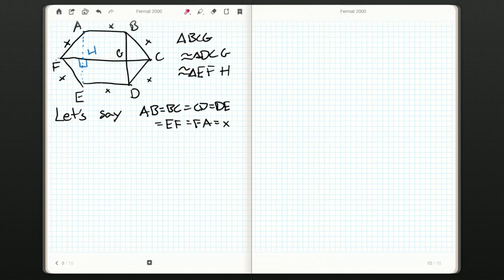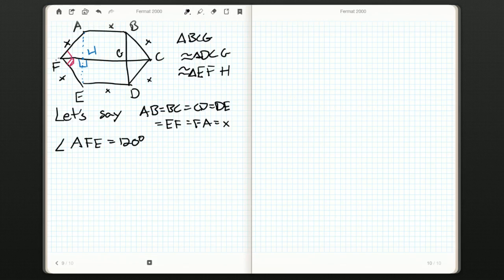So what I'm going to do is show that I can carve EHGD up into copies of these triangles as well. And what I'm going to do is compare angles. Since it's the interior angle of a hexagon, AFE is 120 degrees.